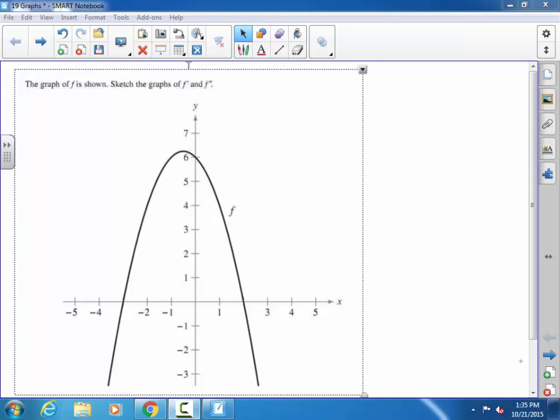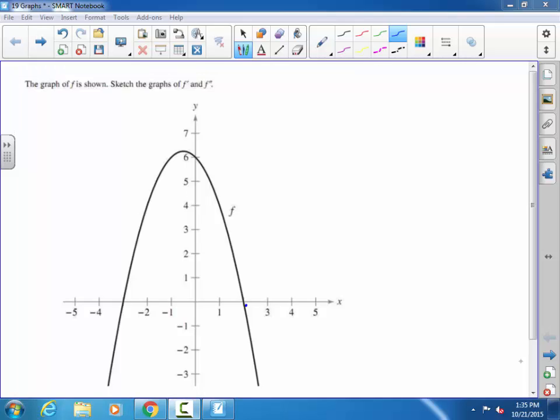For example, can you tell me where the derivative crosses the x-axis? So where does the derivative, not the function, cross the x-axis? The function crosses at 2 and at -3. I want to know, where does the derivative of the function cross the x-axis?